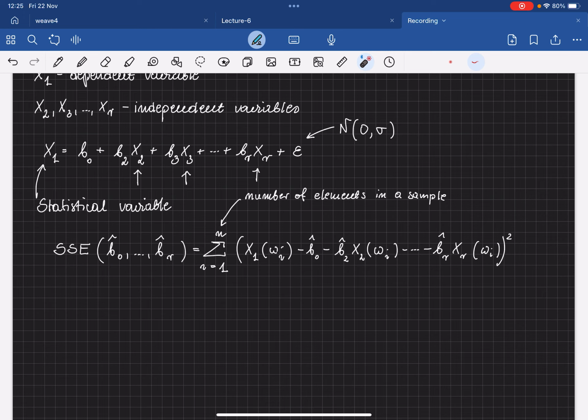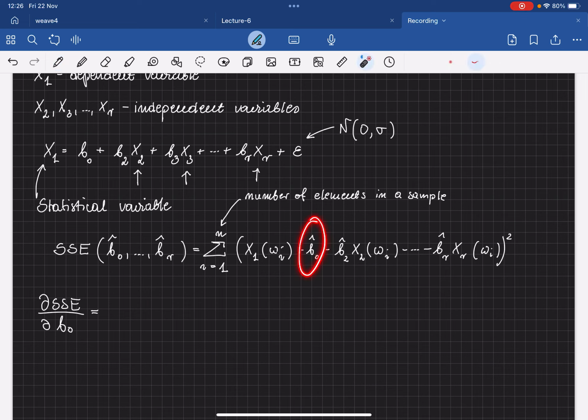So let us first differentiate with respect to B0. The SSE differentiated with respect to B0.